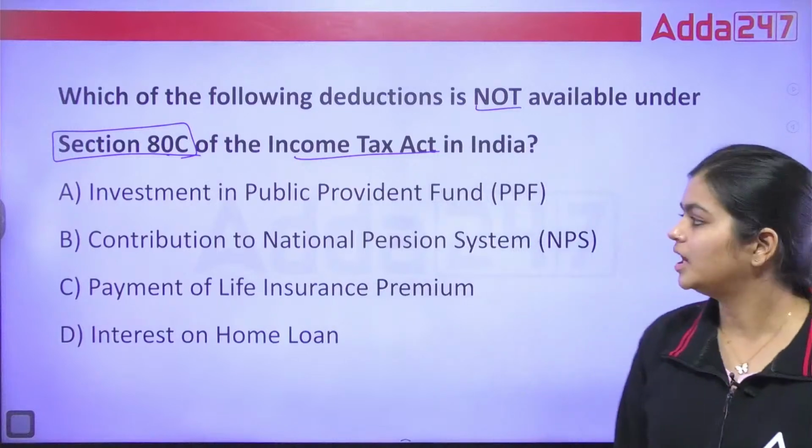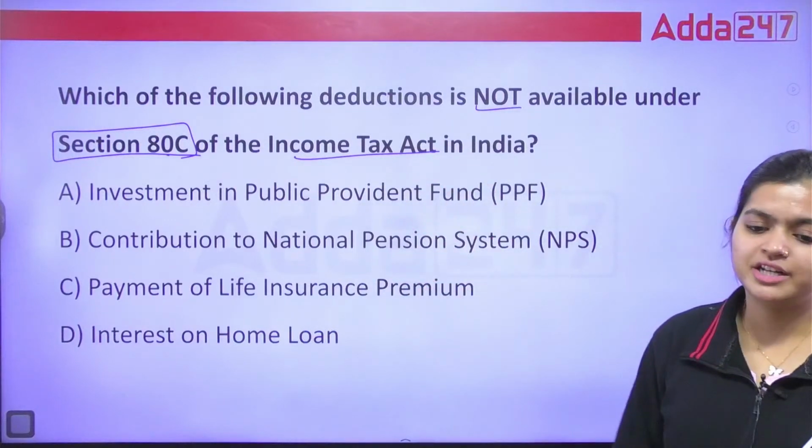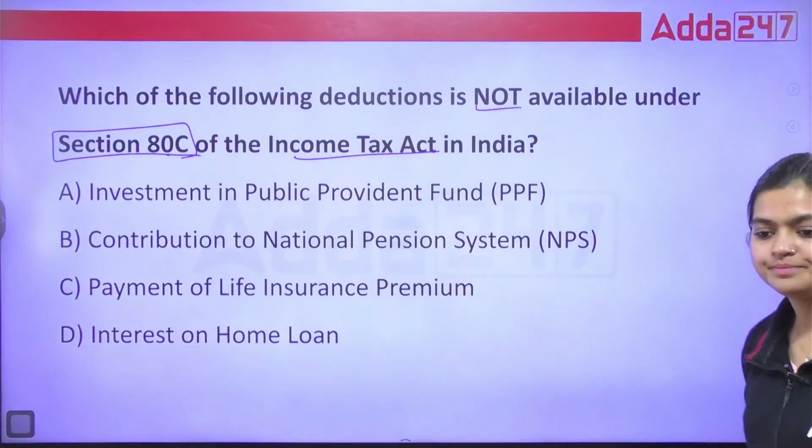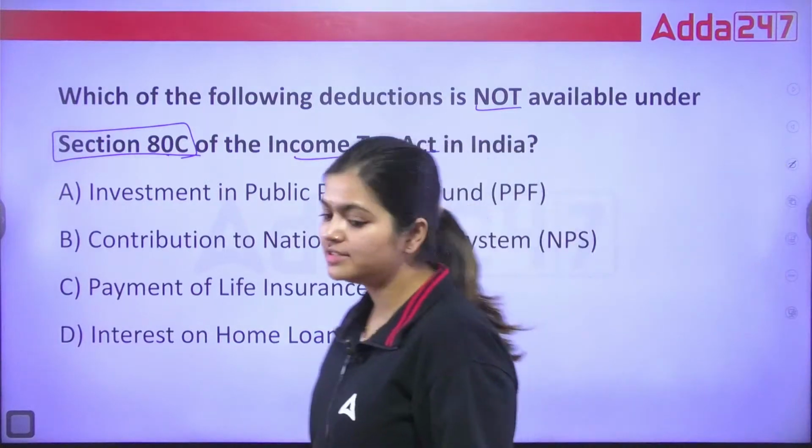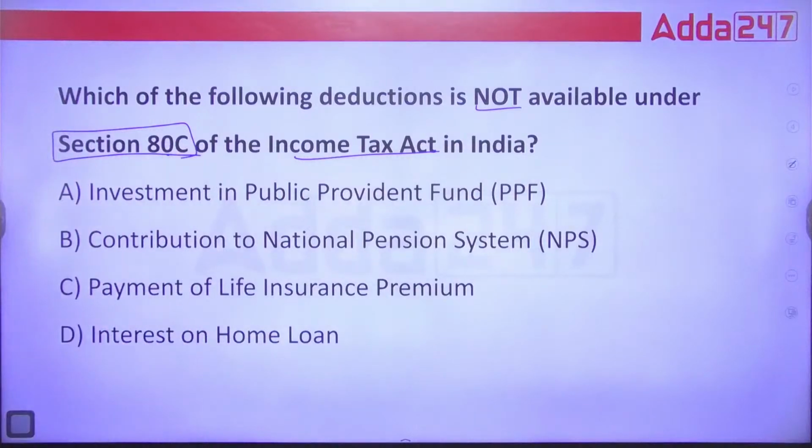So which of the deductions are we not eligible for? Out of the following investments, which is not available under 80C? PPF, NPS, insurance premium or interest on home loan?